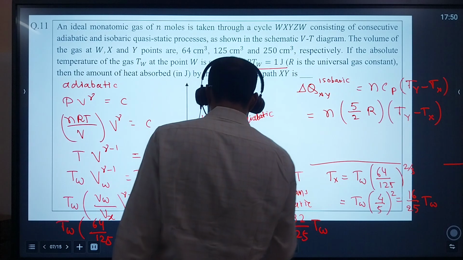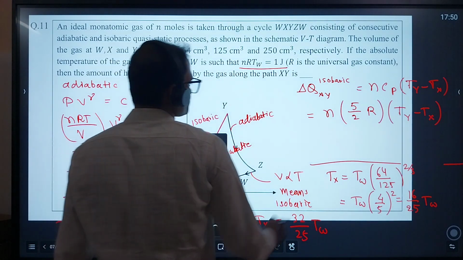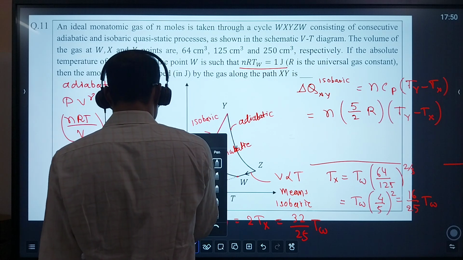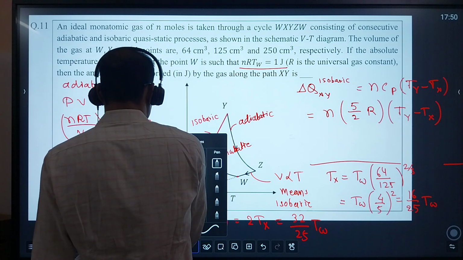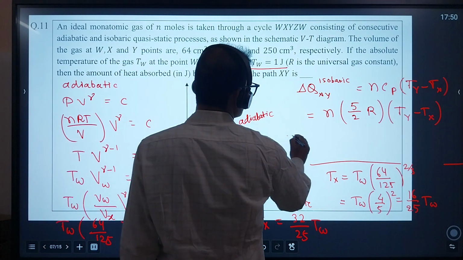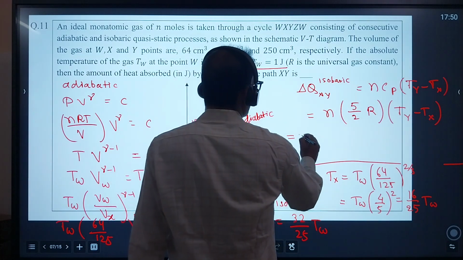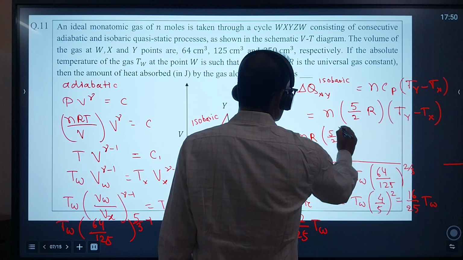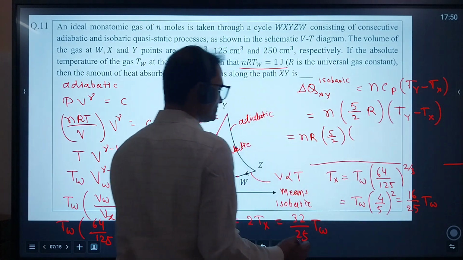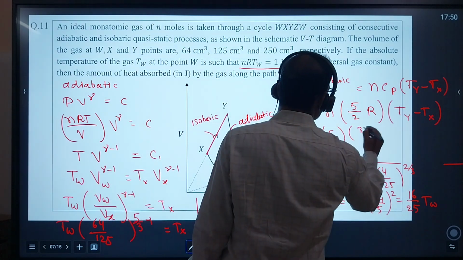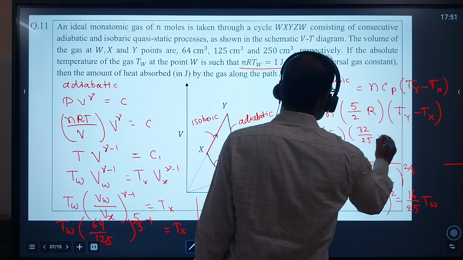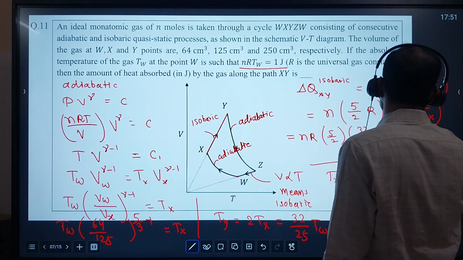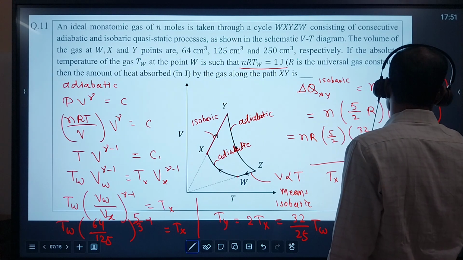Now we are going to substitute it here, and I will use red color. So n is n, R is R, 5 by 2 is 5 by 2, Ty is 32 by 25 Tw, and Tx is 16 by 25 Tw.